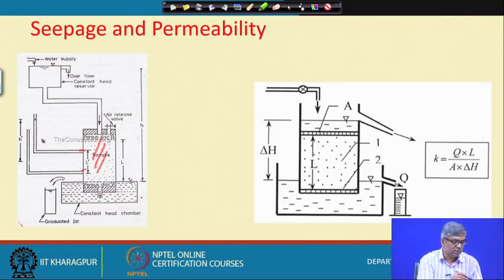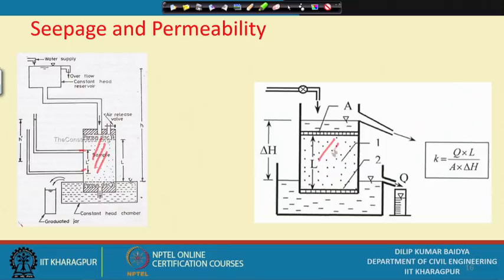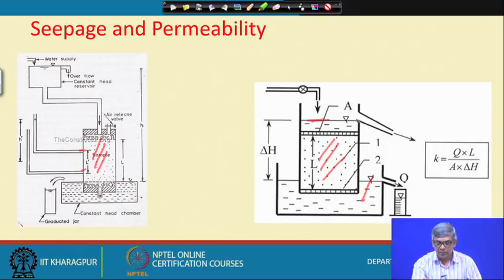At this point we try to keep the head constant, so on a constant head how much flow is taking place can be observed. Alternatively, this is another setup. This is the soil, flow is given here and taken out from the bottom, and excess water is supplied here, but to maintain the height here we have kept an opening here.